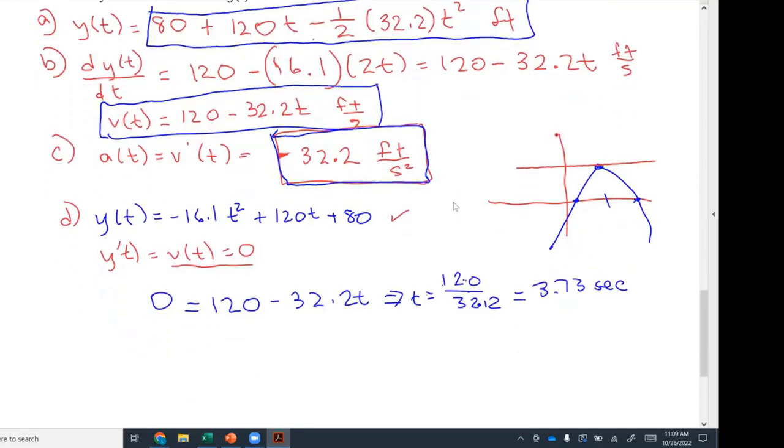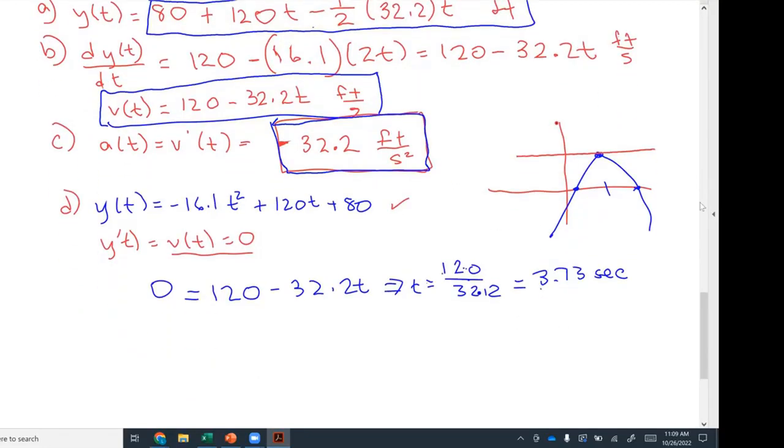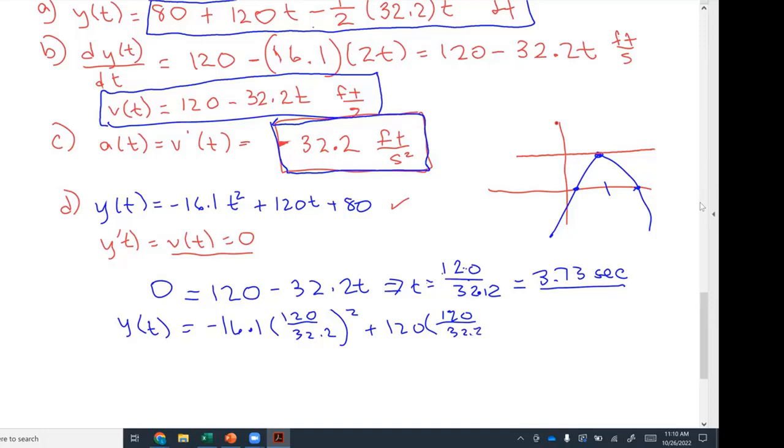And then what we want to do is plug this value into my original y of t. And we're going to square this plus 120 times 120 over 32.2 plus 80.